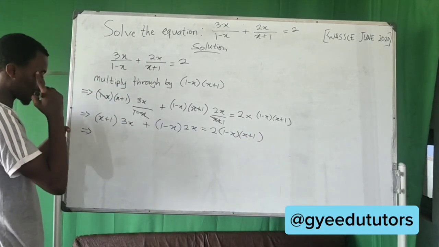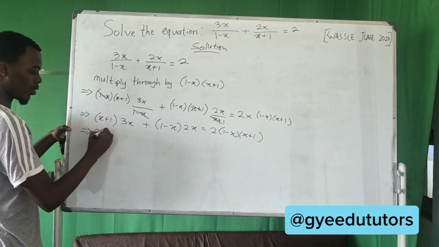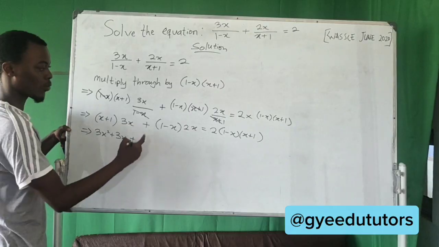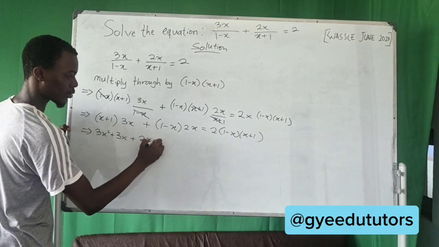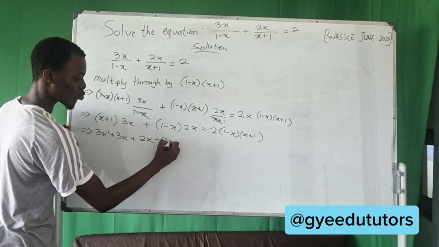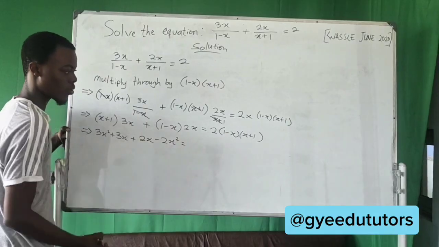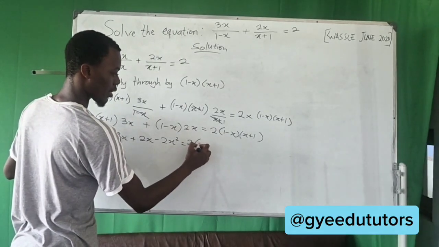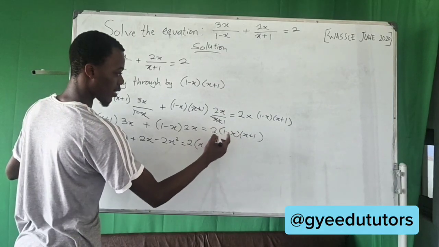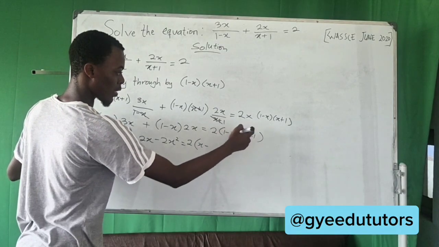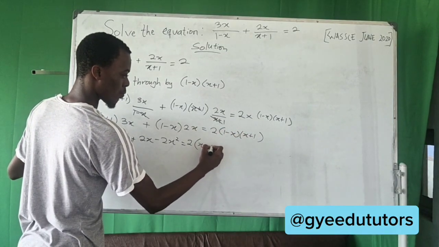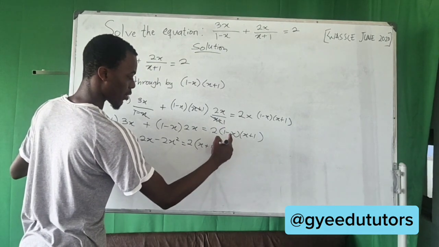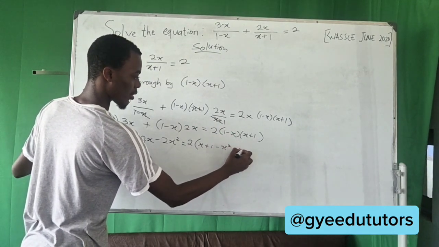So now we have what? 3x squared plus what? 3x and what? 2x minus 2x squared. And what? We have what? 2 multiplied by what? X 1 multiplied by 1 plus 1 minus x squared minus x.